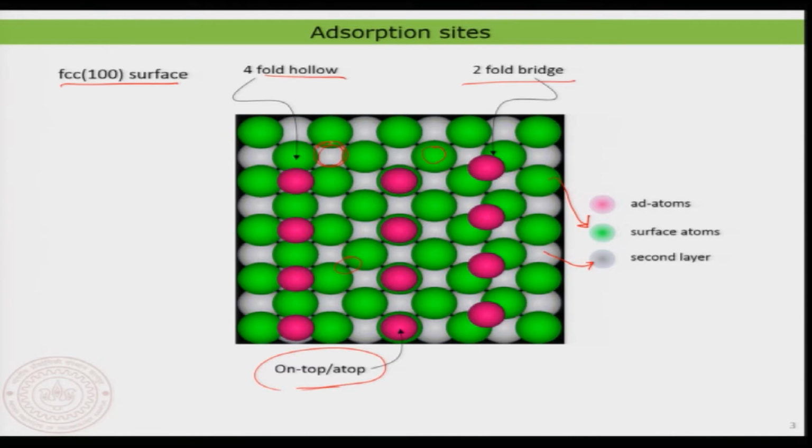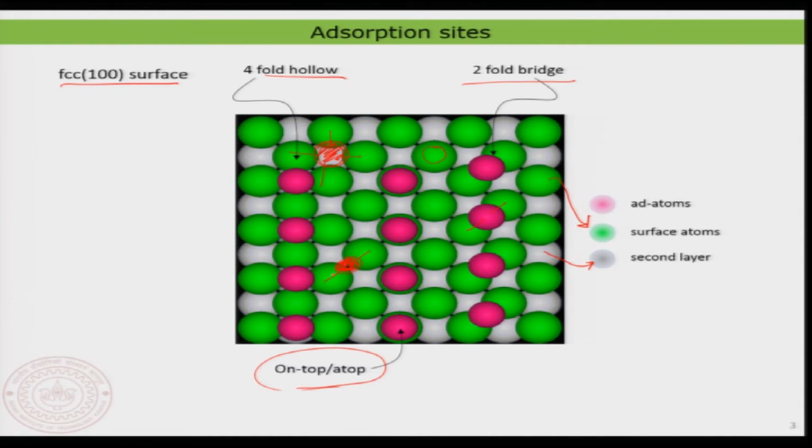Because when the atom adsorbs on this site, you see there are 4 and then 1 coordination to the atom at the bottom. So, there are about 5 coordination that this atom can have when it adsorbs on the 4-fold site. But when it adsorbs on the 2-fold site, as you see here, the atom has 2 coordination.